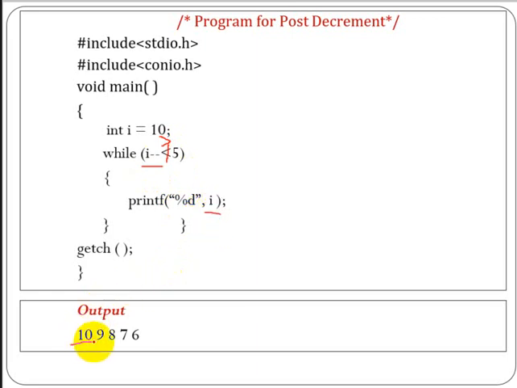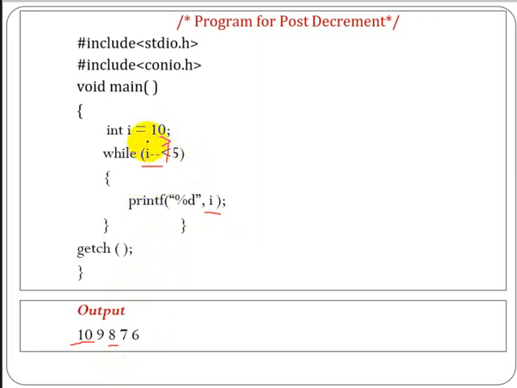And then i will be reduced by 1, and of course now it is 9. So 9 will be printed and then i will be decremented by 1, making it 8. 8 is greater than 5? Yes, so it will print the 8 also. And then again it will be decremented to 7.